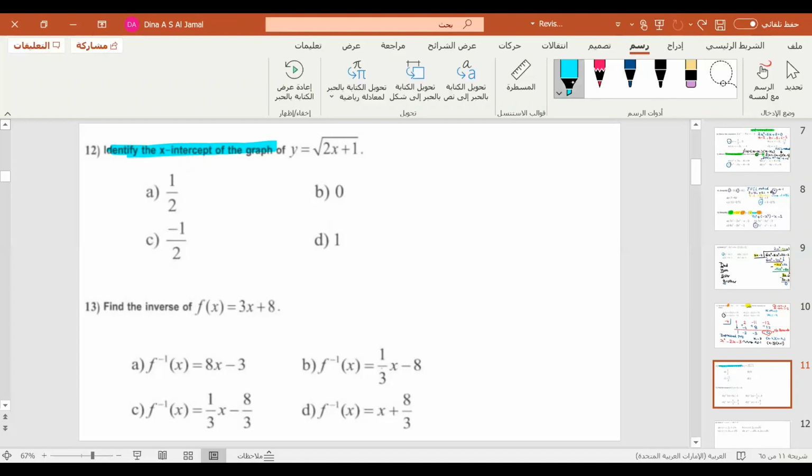So take whatever is inside the square root and find the point which will be equal to 0.